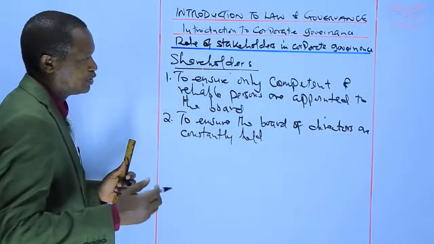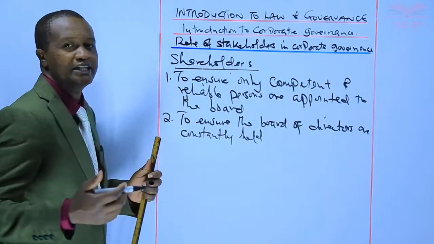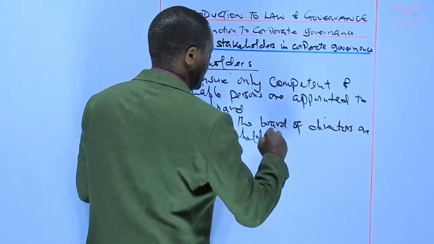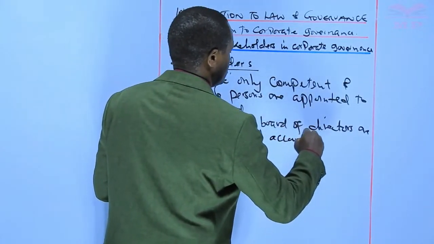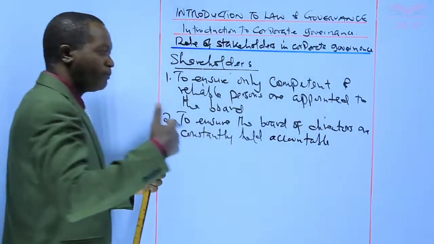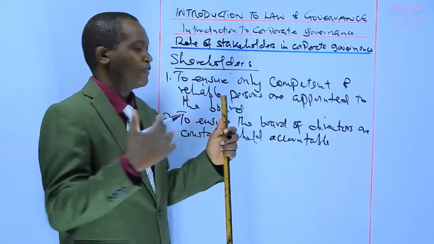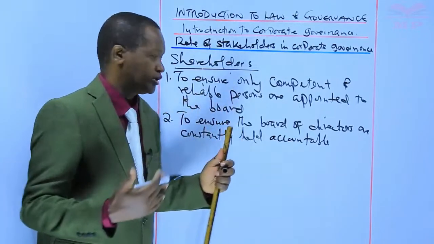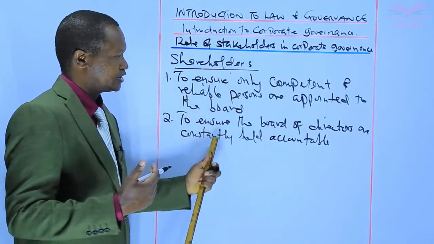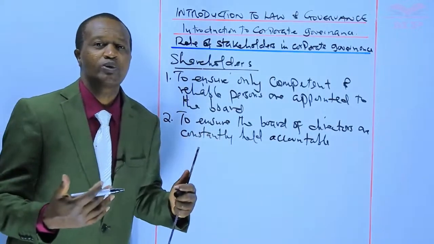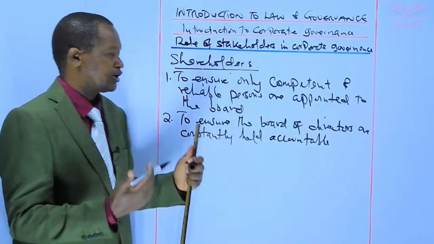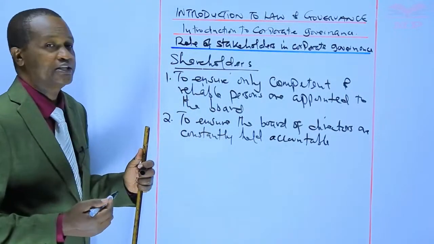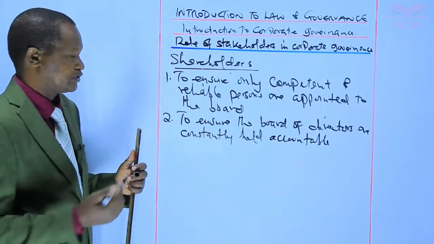To ensure that the board of directors are constantly held accountable, because they ought to account for their responsibilities to the board. So the shareholders should ensure that the board of directors are constantly held accountable. They are constantly held responsible for the efficient and effective governance of the company.